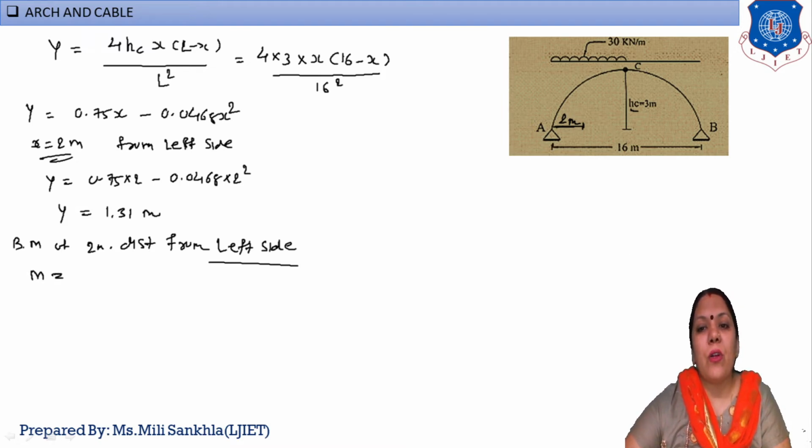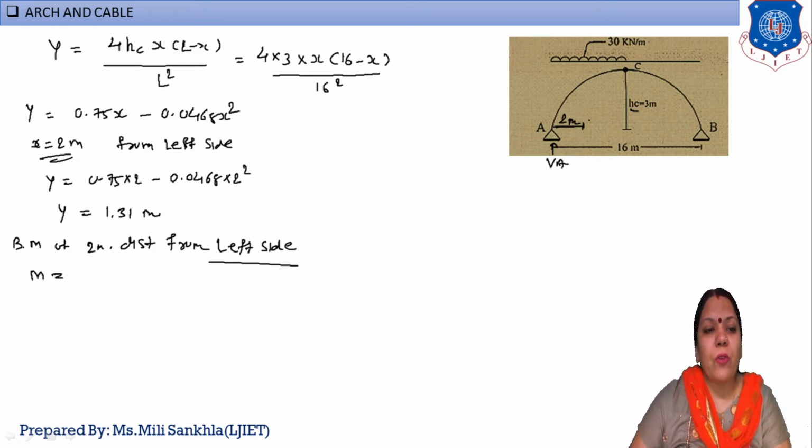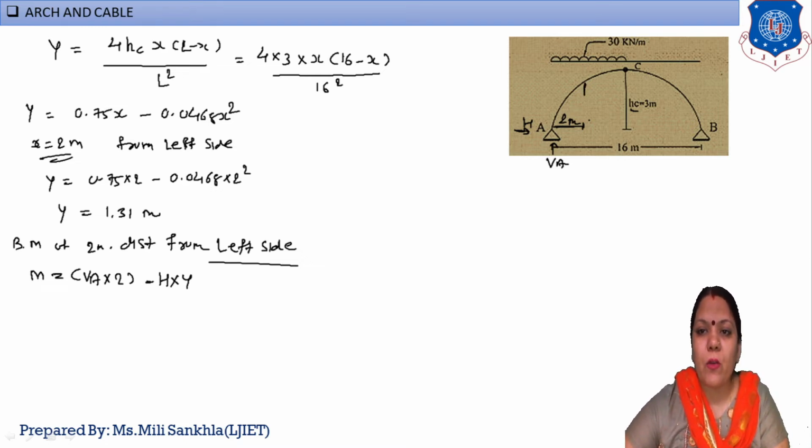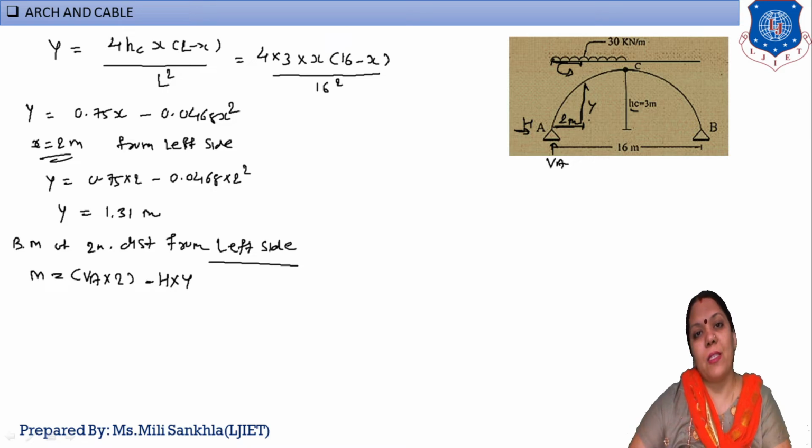My equation is: look at this, this is my distance, support reaction VA rotates clockwise, so VA into 2, then support reaction H rotates anticlockwise, minus H into Y, because here we find our parabolic height Y. Second, in this portion the UDL is also given, and this UDL with respect to this point rotates in the anticlockwise direction.